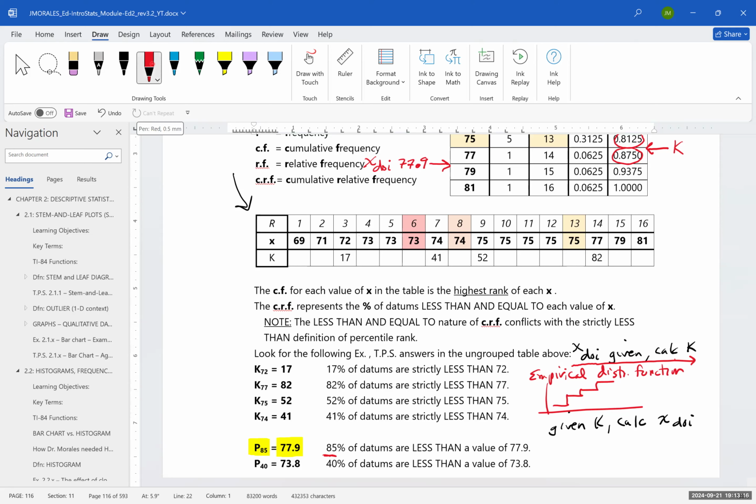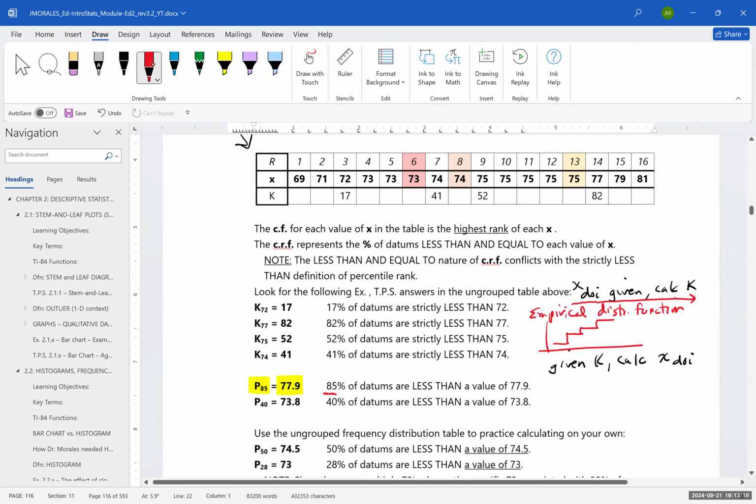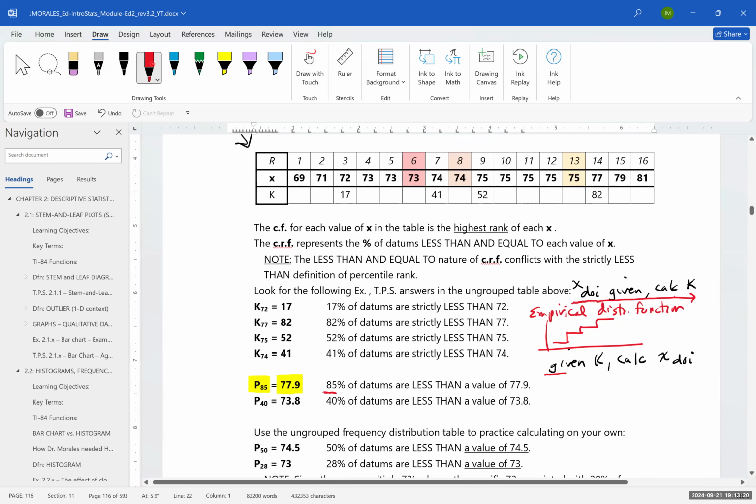Very stair-steppy. Whereas when you're given a percentile rank and you're trying to calculate a datum of interest related to it, the graph of that is actually continuous.